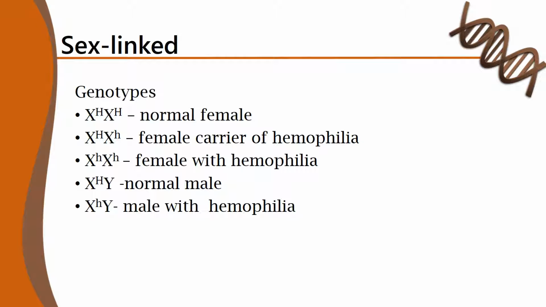And hemophilia is a condition that affects the way that blood clots, and you end up bleeding very easily, and it can lead to also complications with bruising. Now, a female with hemophilia will have both X chromosomes with little h. A normal male will have a big H on their X, but a male with hemophilia only needs to have 1 little h on that one X chromosome.